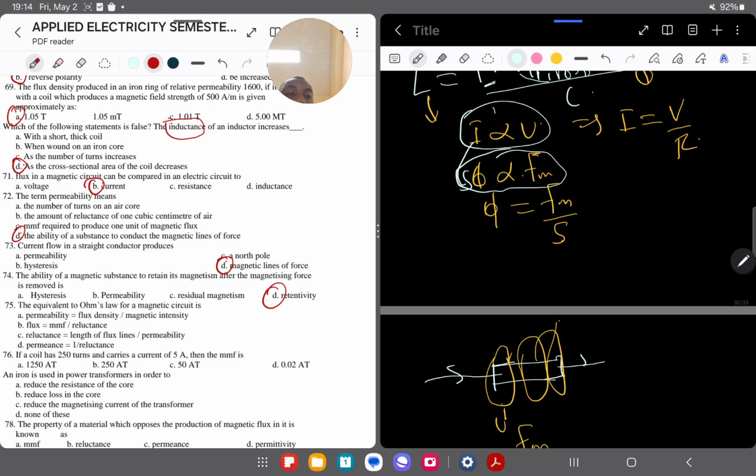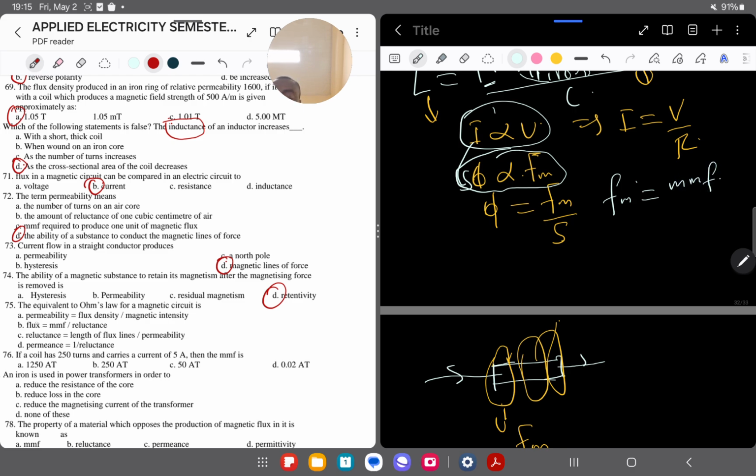So current is equal to the voltage supply over resistance, and magnetic flux is Fm over the reluctance. Fm is the same as MMF, meaning magnetomotive force.